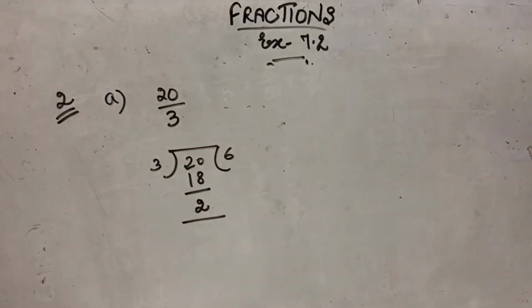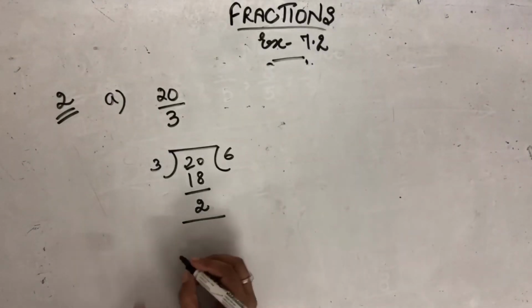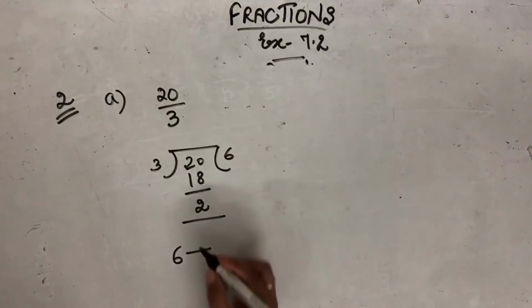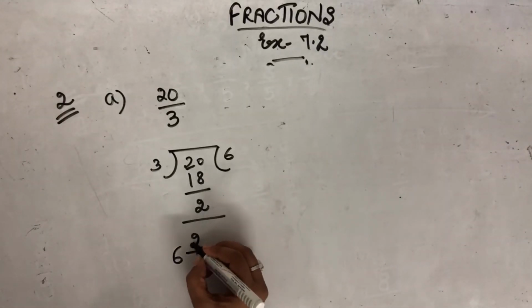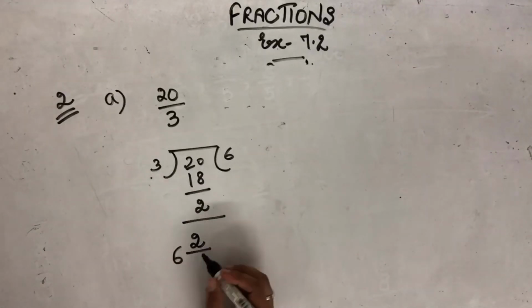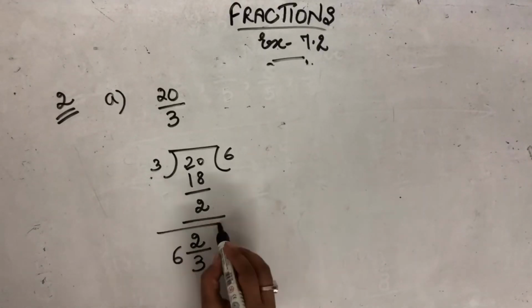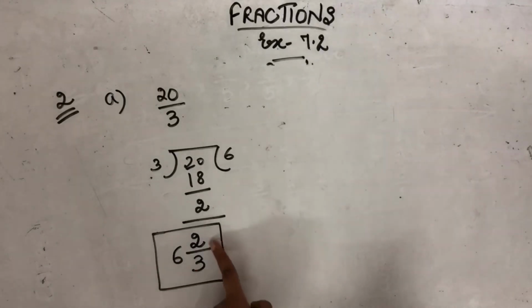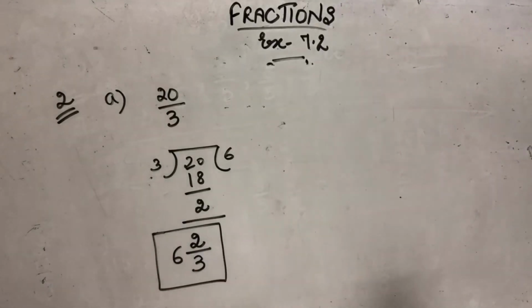Remainder is 2. Now first here you have to write the quotient. Quotient is 6. Then here in the numerator you have to write the remainder, and in the denominator you have to write the divisor. So the answer is 6 integer 2 by 3.